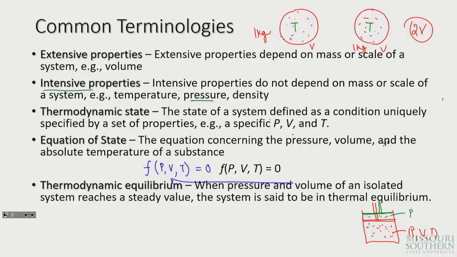The meaning of that is it will have the same value of P, V and T at each and every point. There won't be any difference in the value of P, V and T in the system. It's the same everywhere, and that's what equilibrium is.